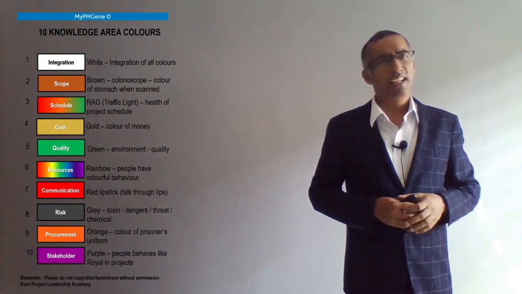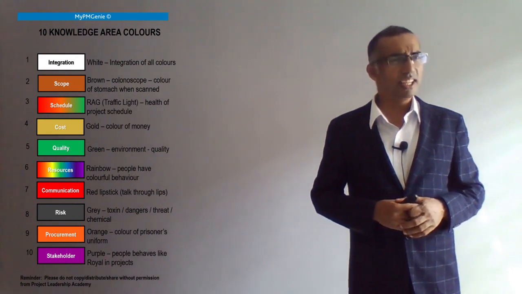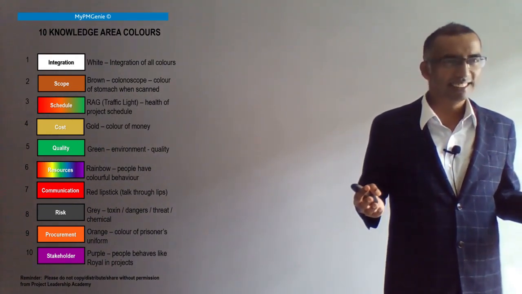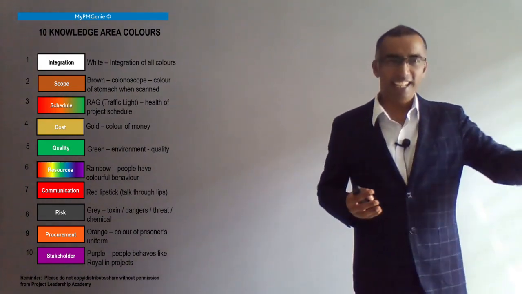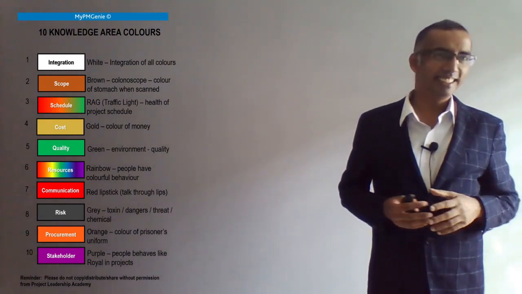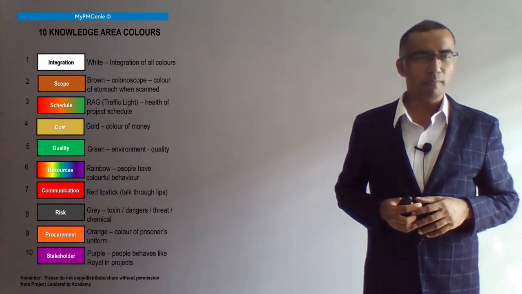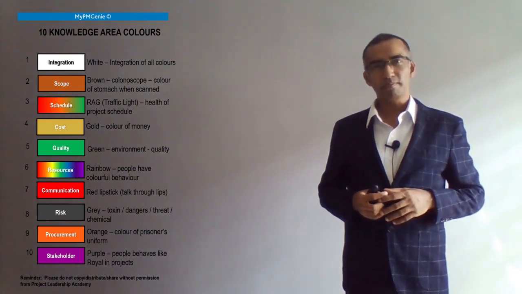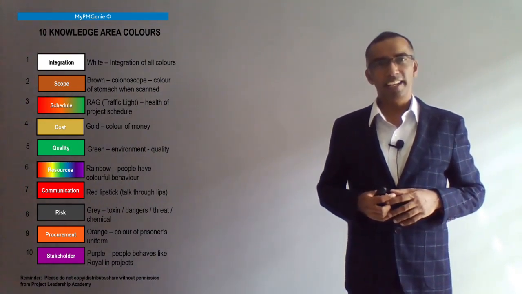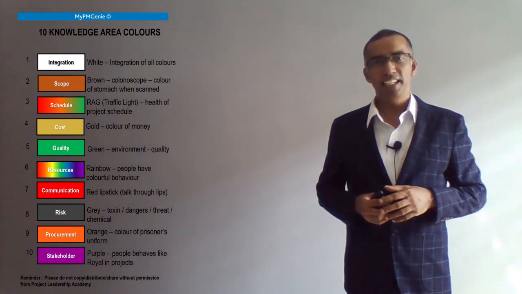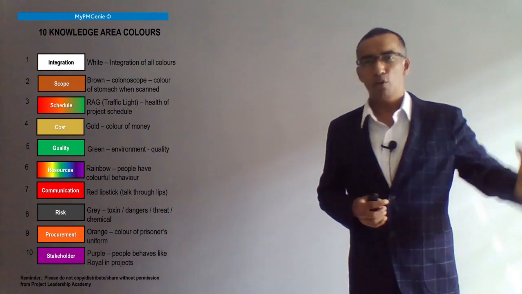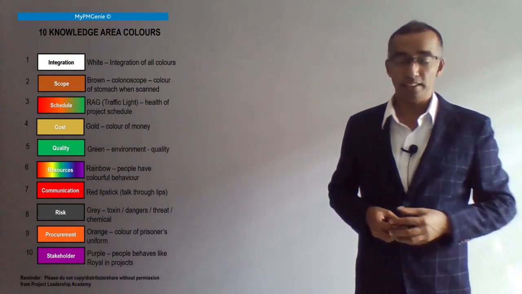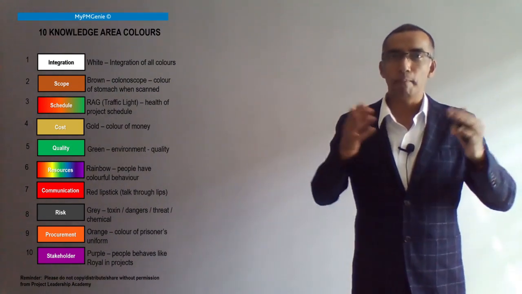First of all, you notice integration, I chose white color. Why white color? Right, simply because if you combine all the colors, you will get white. So white is basically a combination of all colors. And similarly, if you look at all the 10 knowledge areas, the combination of all the knowledge areas is basically planning, right?